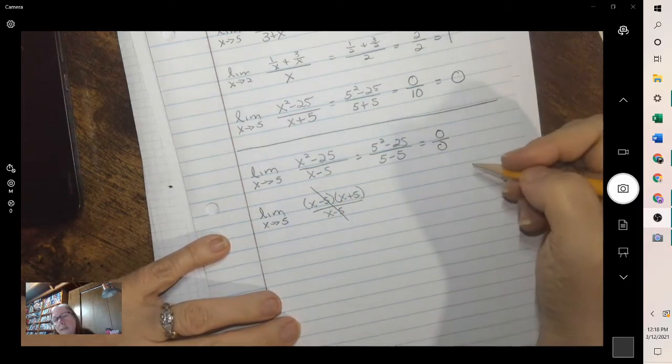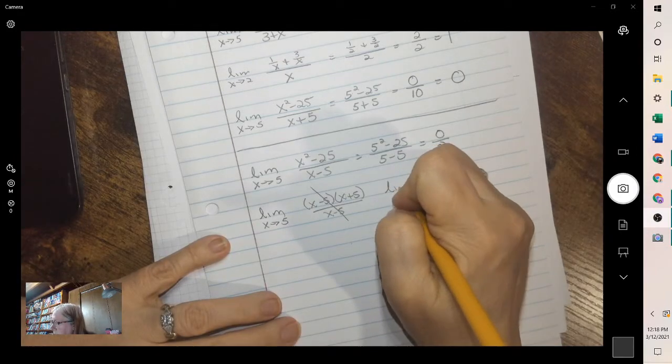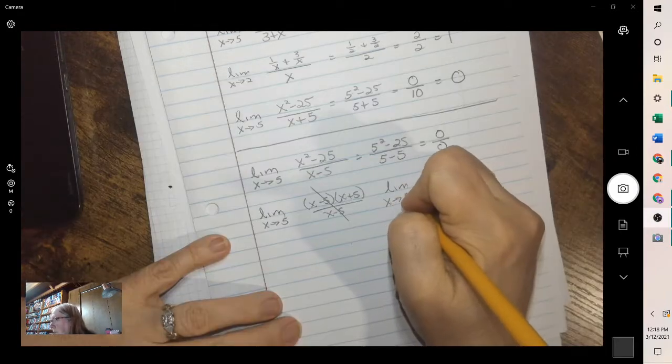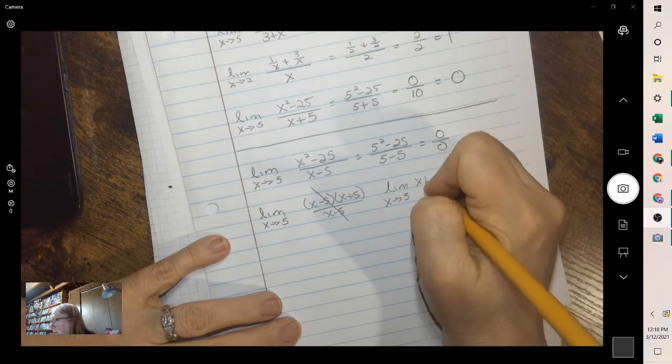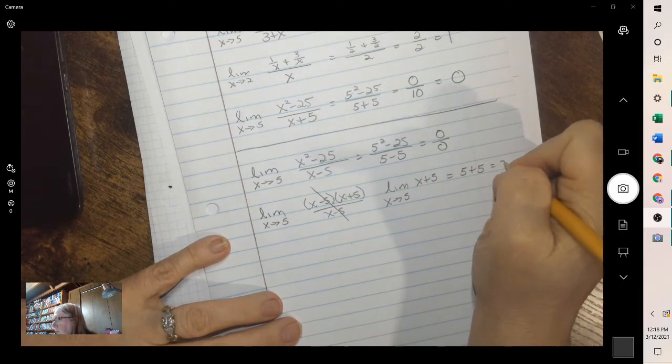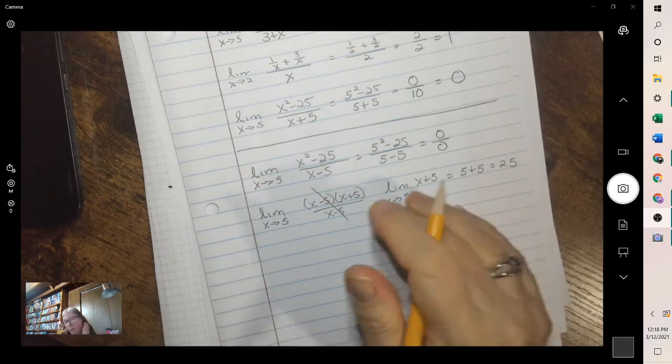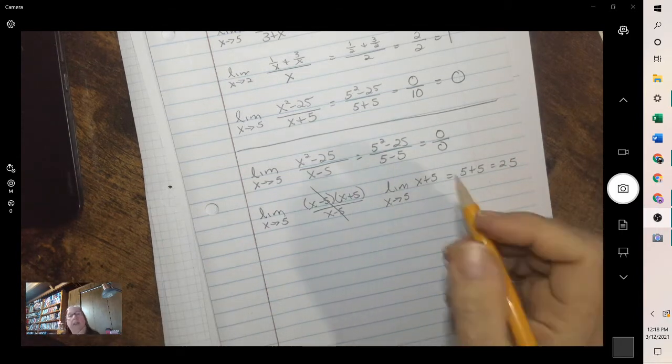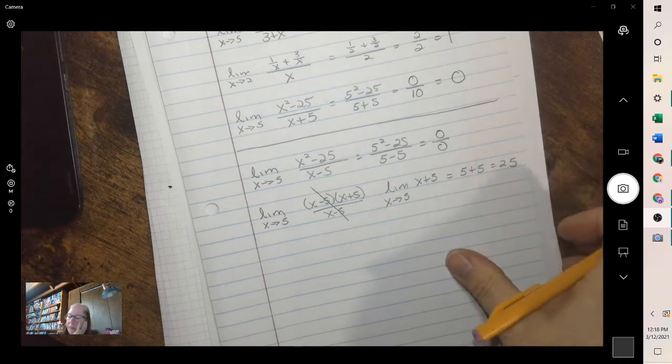So the x minus 5's cancel, and we have the limit as x approaches 5, and 5 plus 5 is 10. So you can still find the limit. So if you get 0 over 0, you need to simplify.